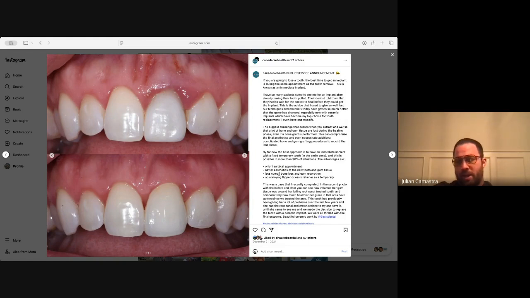So yeah, I don't need to read this all right now, but this is something people don't know, and a lot of dentists don't even believe in this being possible. So they'll just take a tooth out and then they'll send the patient later to go get an implant. And the best time to do it, if possible, and like I said, it's doable 9 times out of 10, is to have the implant put in the same day that the tooth is taken out.